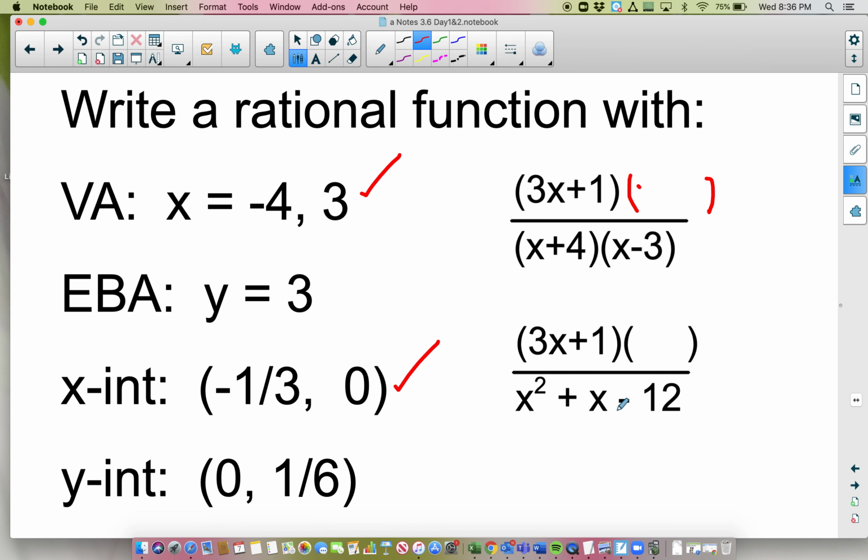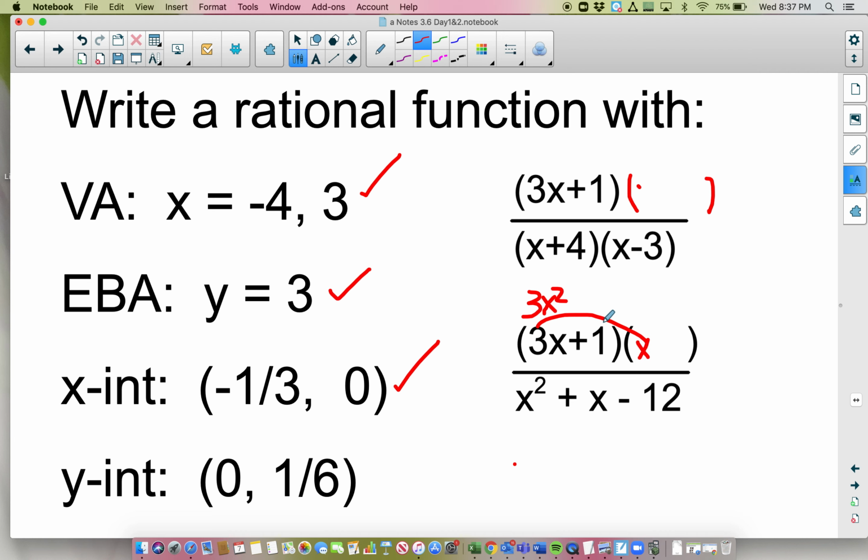It's kind of optional, but that's all I did here. If I make this x, when you FOIL, this is going to be a 3x squared. And if you divide out now your leading coefficients of 3x squared over x squared, you will get 3, and that's supposed to be my end behavior asymptote. So I know that this is x.